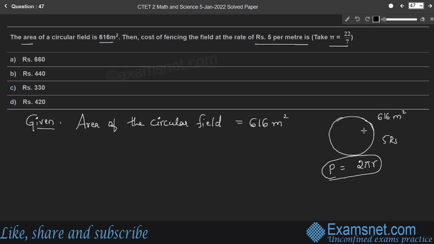So cost of fencing per meter is rupees 5.